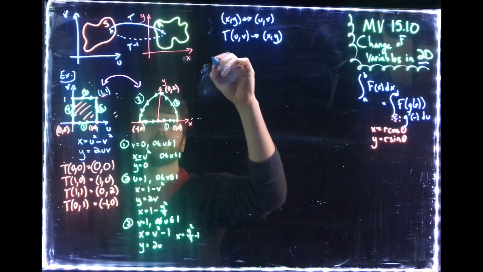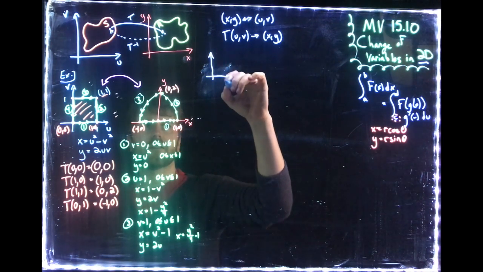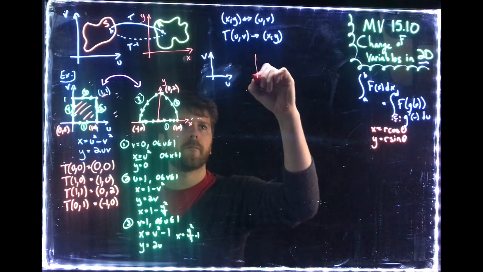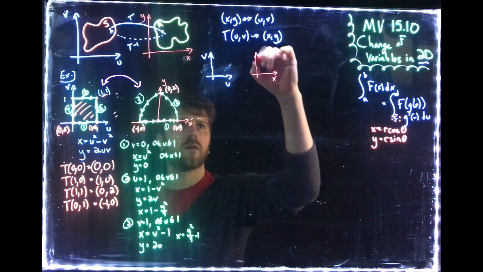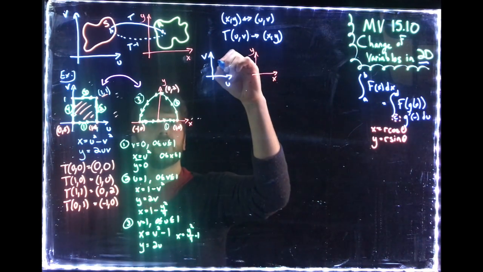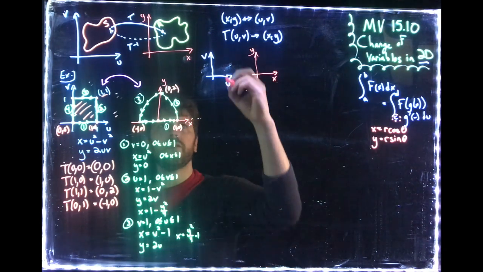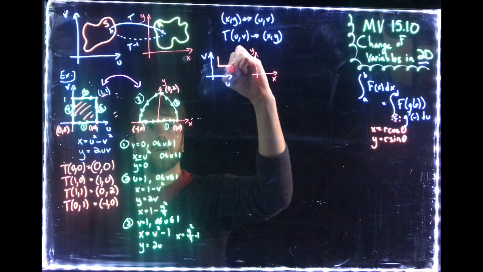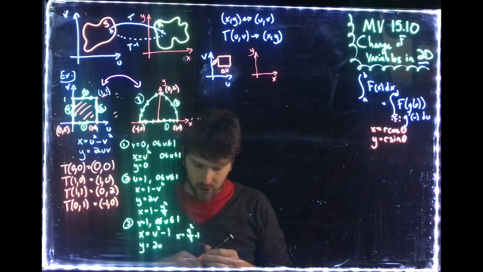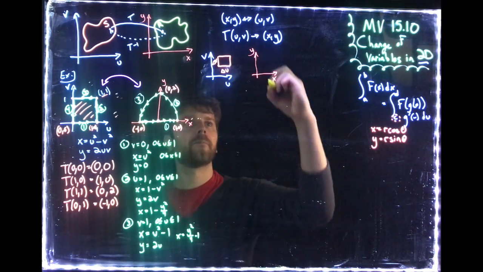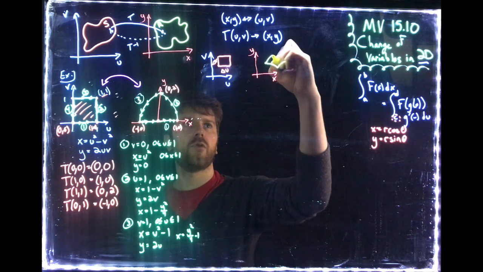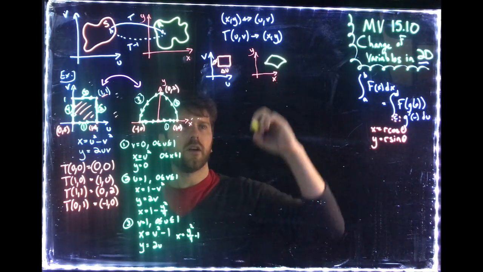What we're going to do is look at a small region of space in U and V and in X and Y. What I want to ask is, if I have a little region in U and V, let's say it's this little region delta U, delta V, what does this look like when that little square is transformed in x and y?